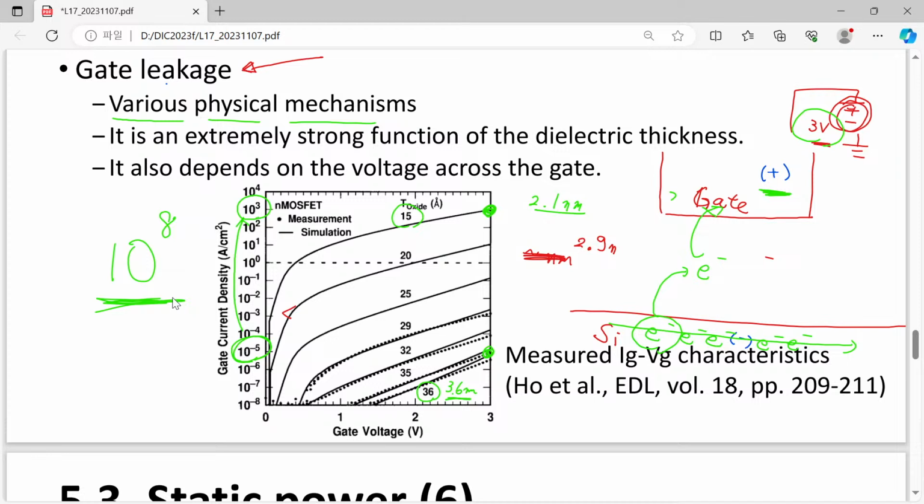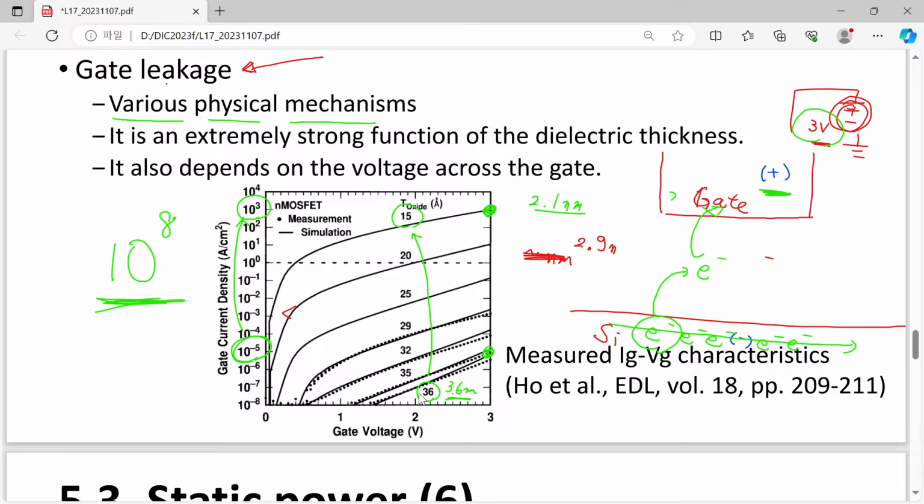8 orders of magnitude means 100 million times larger leakage current by thinning your gate oxide. So simply speaking, when you make any mistakes when you make your gate oxide, sometimes your oxide thickness can be slightly thicker or slightly thinner, then that will introduce a huge impact.